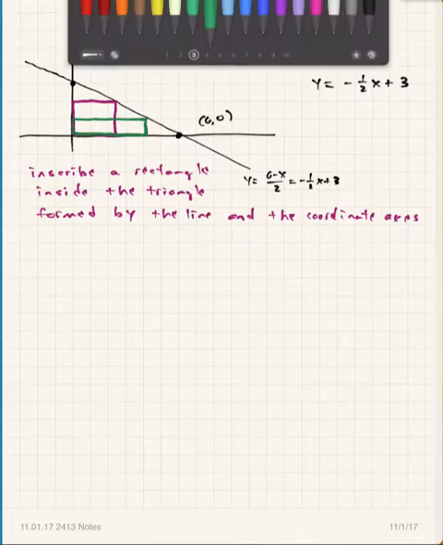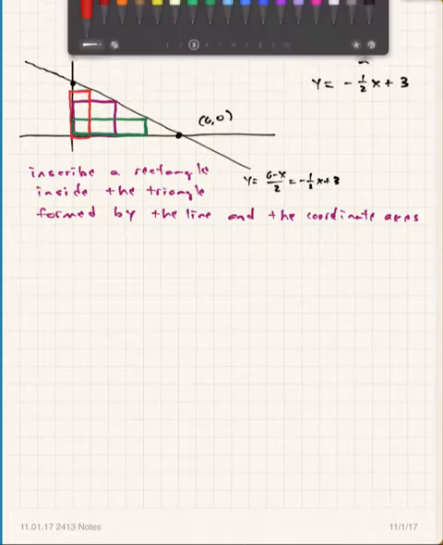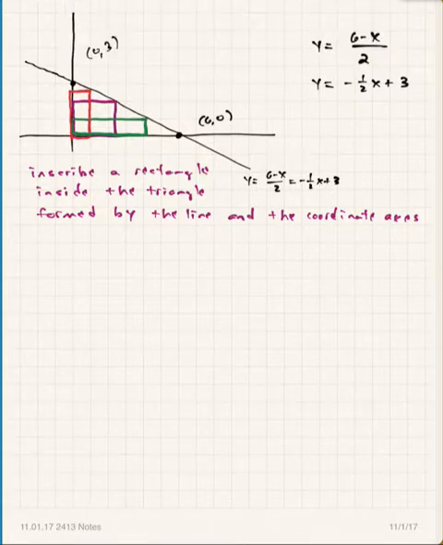Or you could have a taller one, like this one. All these rectangles fit the bill in that they're all inscribed inside that triangle. So what we want to do is find the rectangle with the largest area.